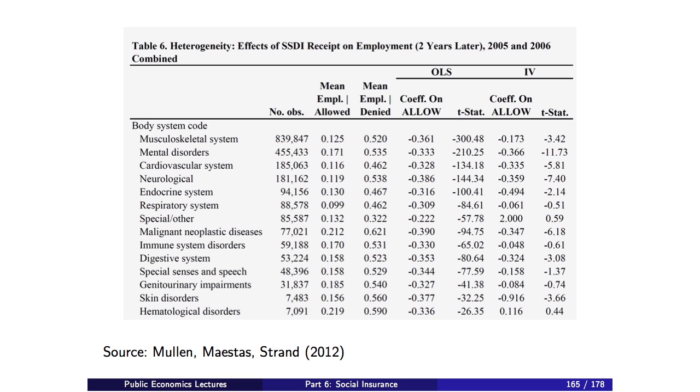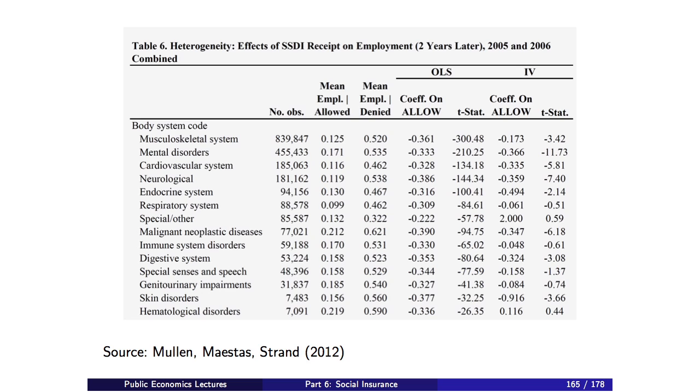And you can see, exactly as you'd expect, that for conditions that are extremely severe, like take this respiratory system one, for instance, if you're not able to breathe, presumably you're not able to function in any job very well, and you see very small employment effects. If you're denied with that condition, you hardly are working anymore if you don't get DI versus if you do get DI.